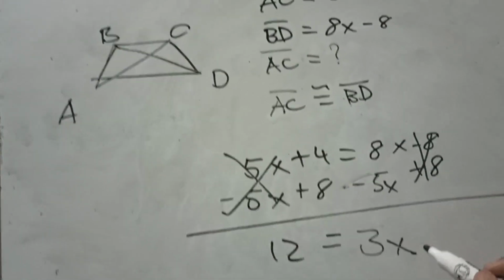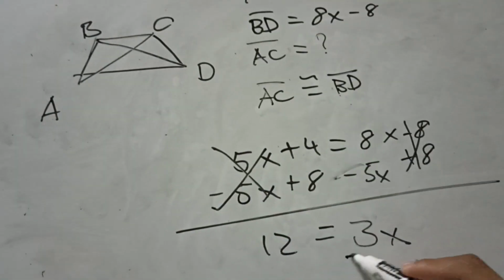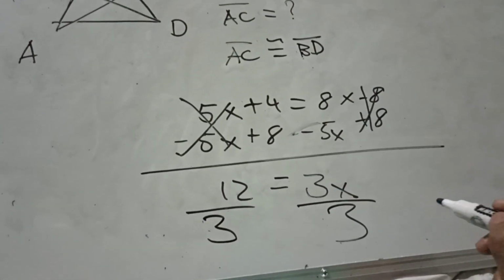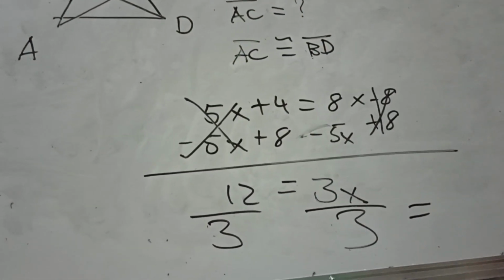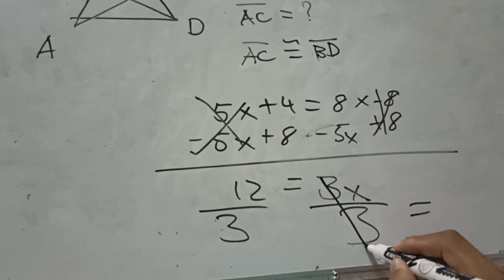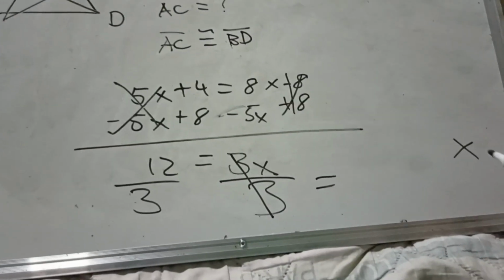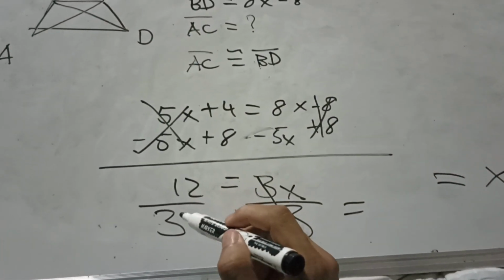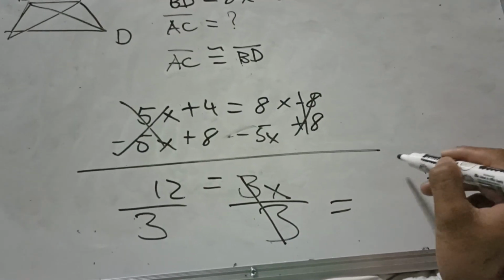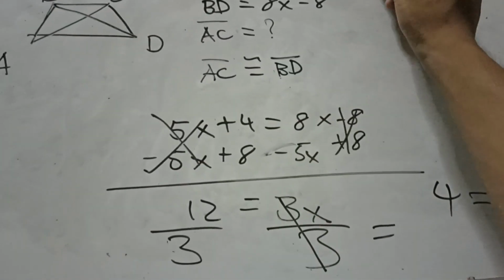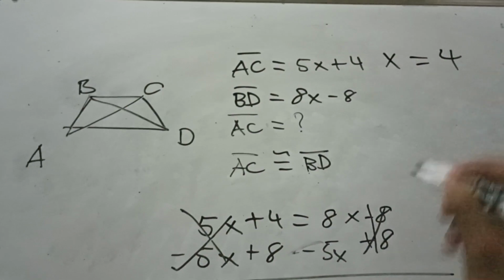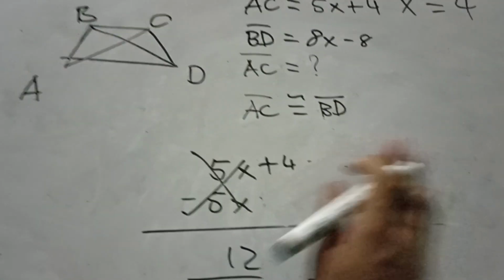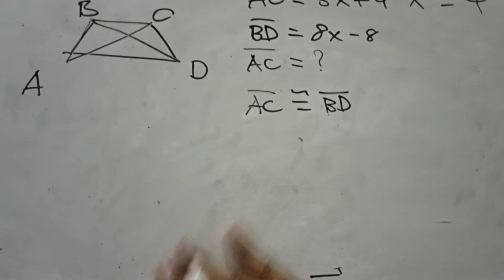Now we are going to make the x lonely, so we will divide 3 to both sides. x cancels. This will equal x equals 12 divided by 3, which is 4. So we all know that x is equal to 4. Now, since we know that x is equal to 4, we can solve for line AC.